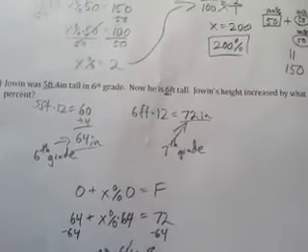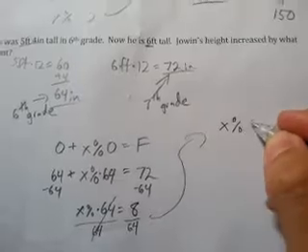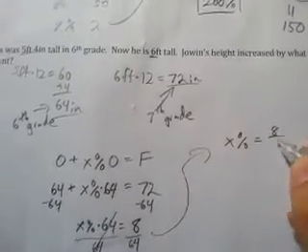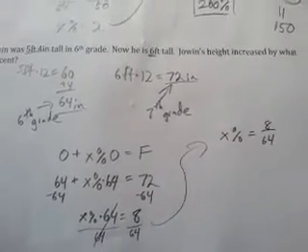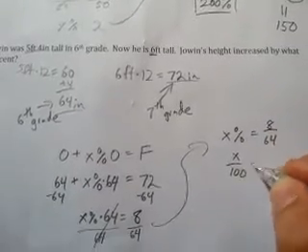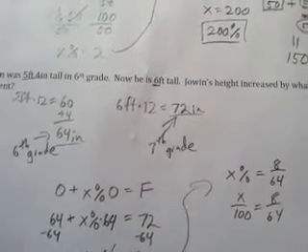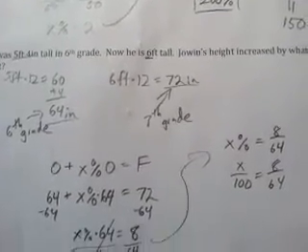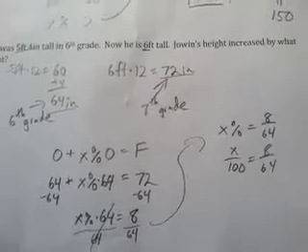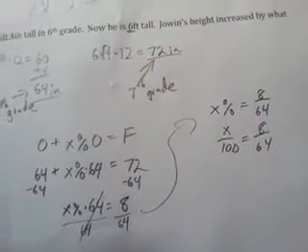So this cancels, so let's bring it over here. I have X percent is equal to 8 over 64. Okay, so again, percent means divide by 100. And like I said, you could just do cross multiplication, and that's completely fine.